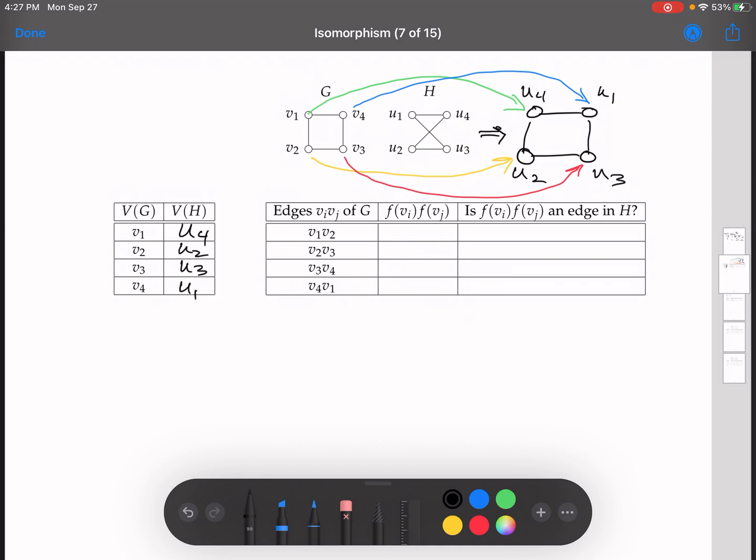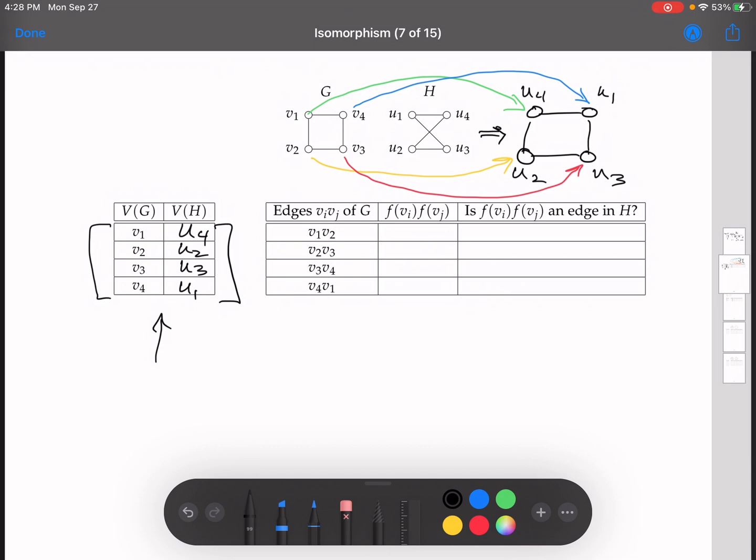Now remember, an isomorphism is a one-to-one and onto function that preserves edges. So first we need to check, does this table represent a one-to-one and onto function? And in fact it does. All different, and all the vertices are listed there. So that tells us it's a function. All different here.